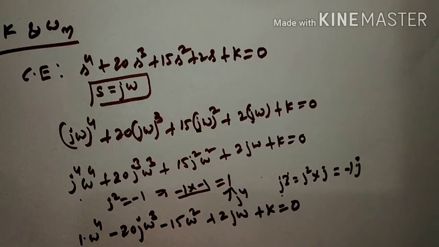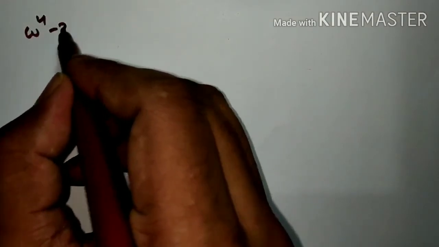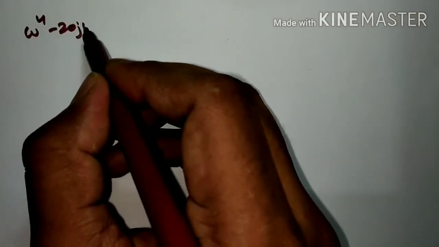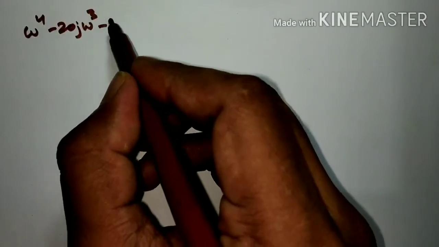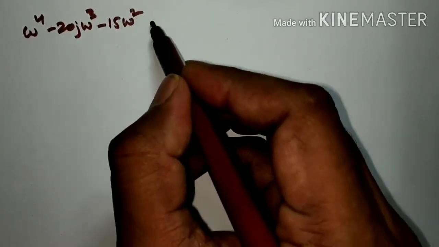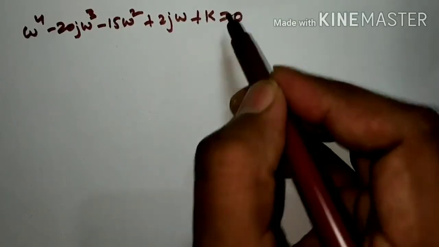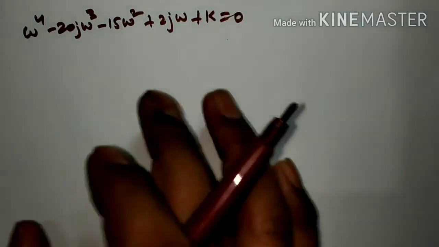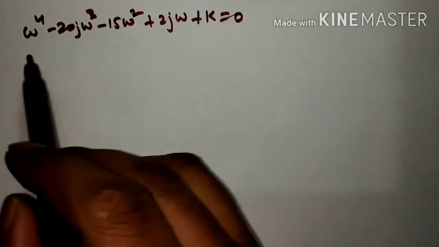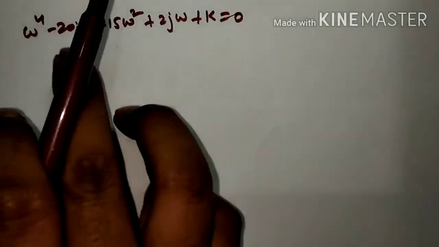So I will take another sheet. What is the equation we got? Omega^4 minus 20 j omega^3 minus 15 omega^2 plus 2 j omega plus K equal to 0. We just separate the real part and the imaginary part.